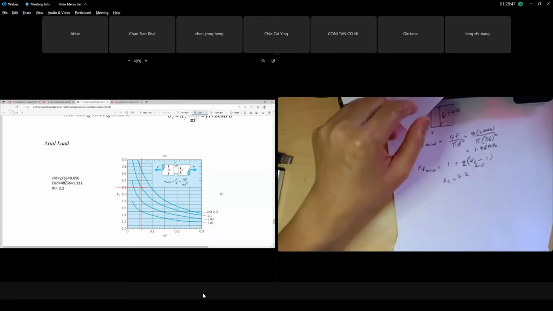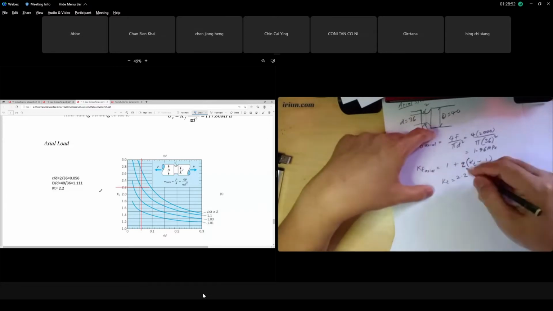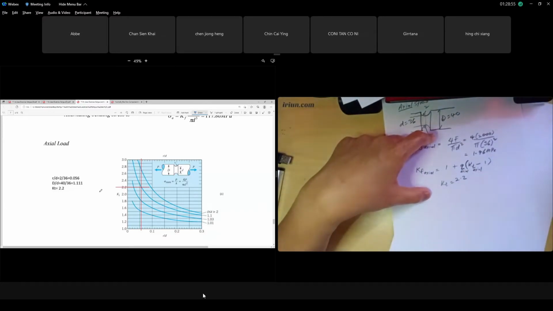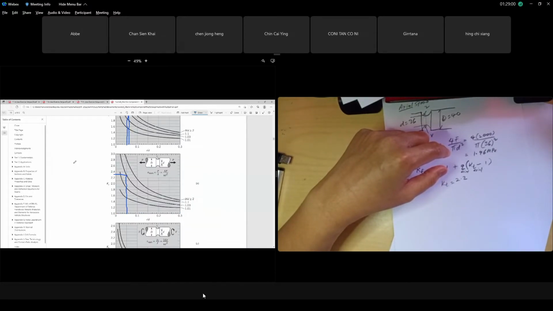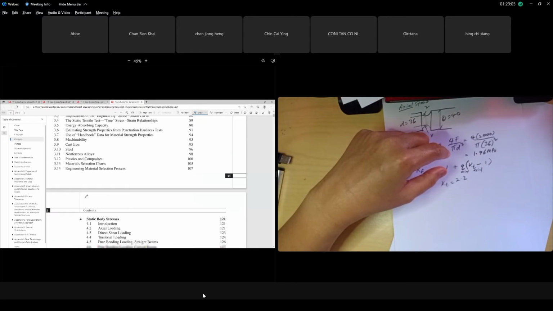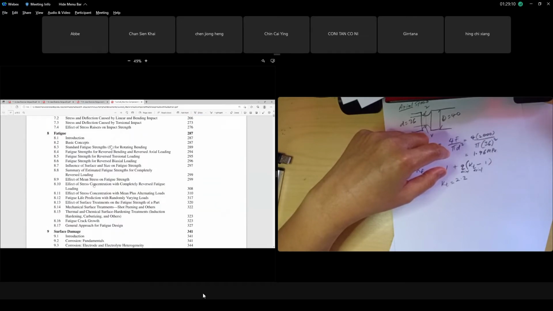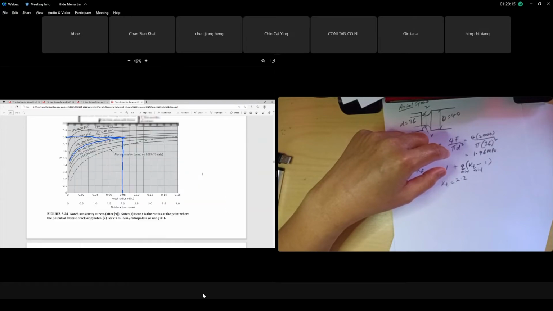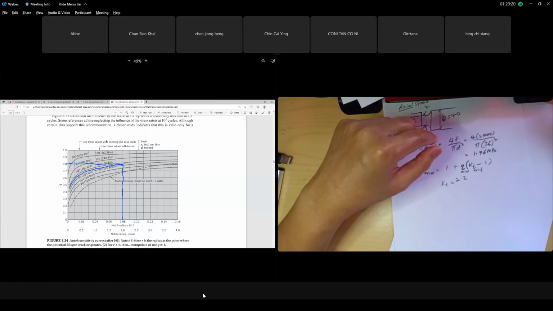Okay, what about Q? Q axial, tapi remember our notch sensitivity, if you look on the textbook, go back to contents chapter 8 again, under notch sensitivities, this one figure 8.24, for axial and bending we use the same value.